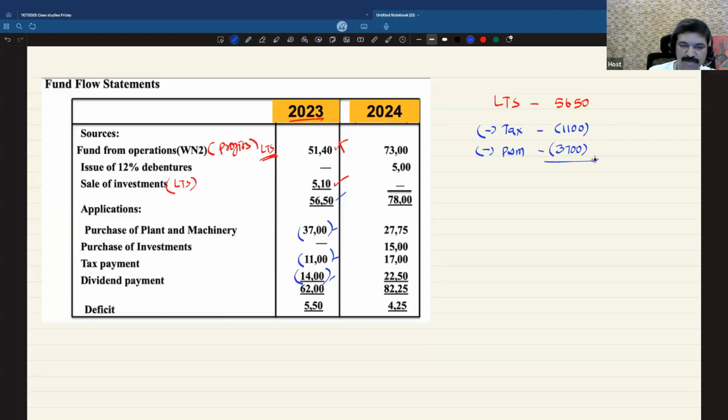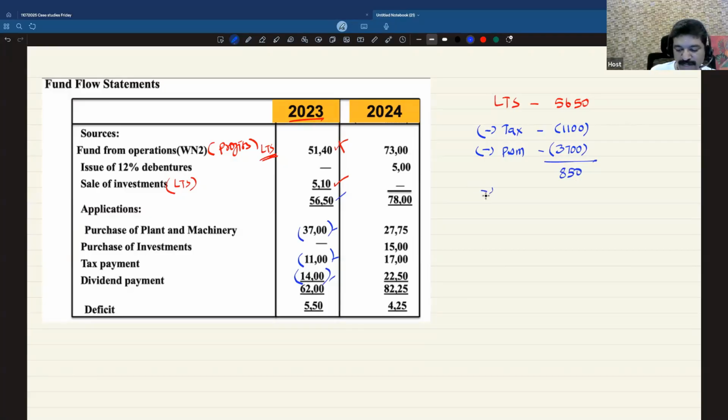So from 5,650, if you pay off this 1,100 and this 3,700, you will be left with 850 of long-term surplus. When they are left with 850, look at what they have done.